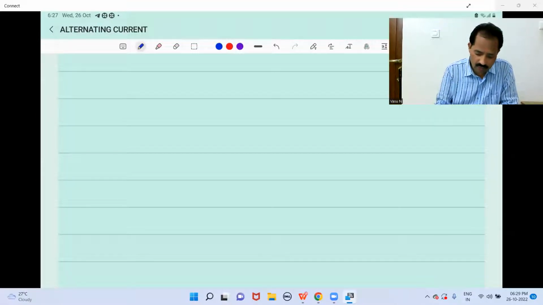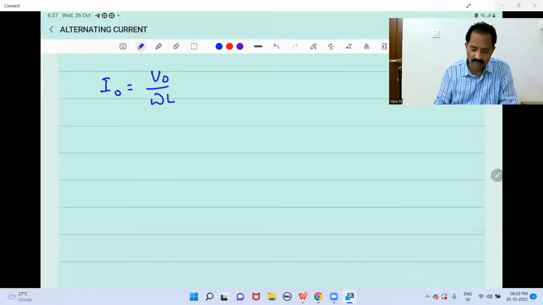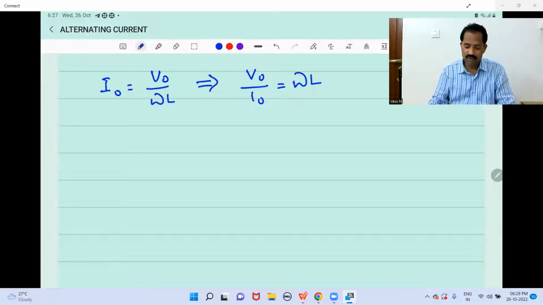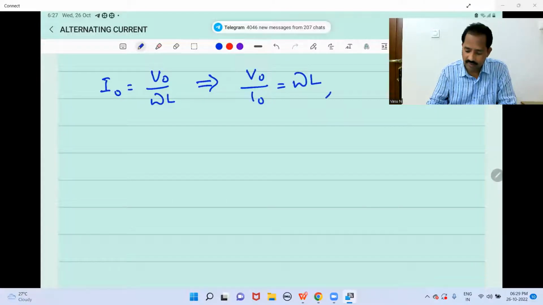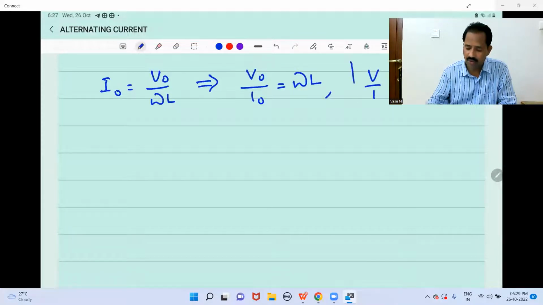In the earlier derivation, we have seen this equation, I naught is equal to V naught by omega L. While deriving the equation, we have I naught is equal to V naught by omega L, which implies V naught by I naught is equal to omega L. Look at this equation: it is exactly similar to V by I is equal to R according to Ohm's law.